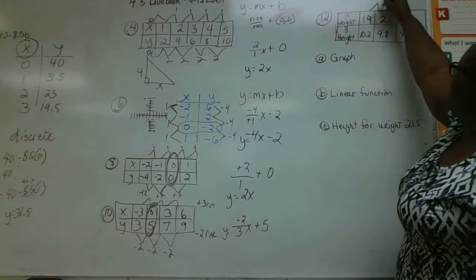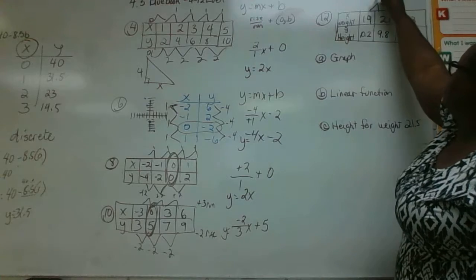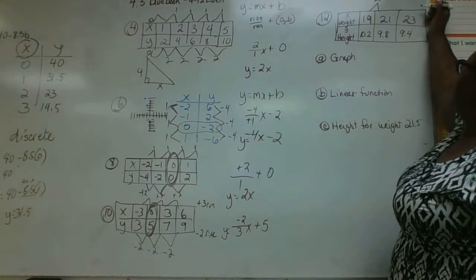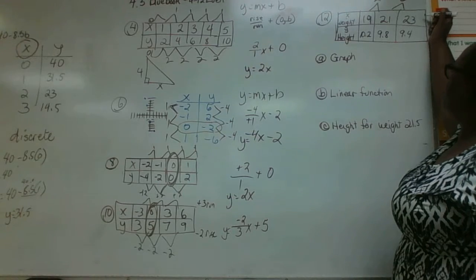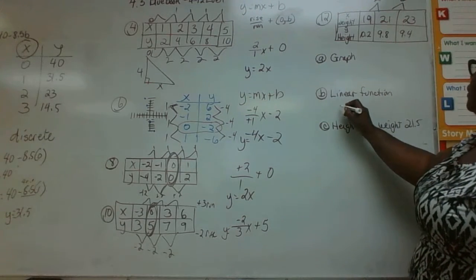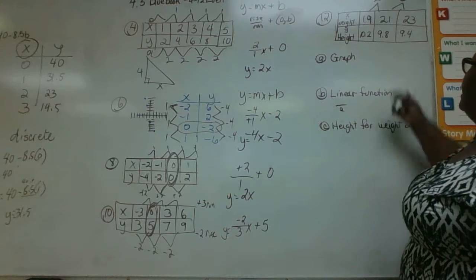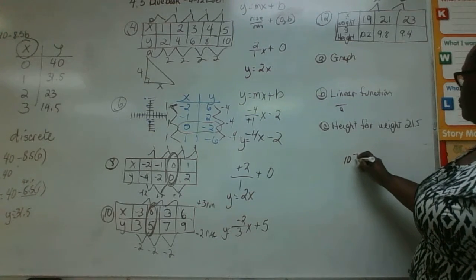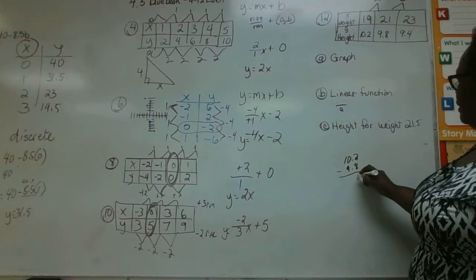So the difference between 19 and 21 is 2. And the difference between 21 and 23 is also 2. So then our x is plus 2. All right, so we have 2, okay, in our run. Our rise, the difference between 10.2 and 9.8. When we take the difference there, that's 0.4.